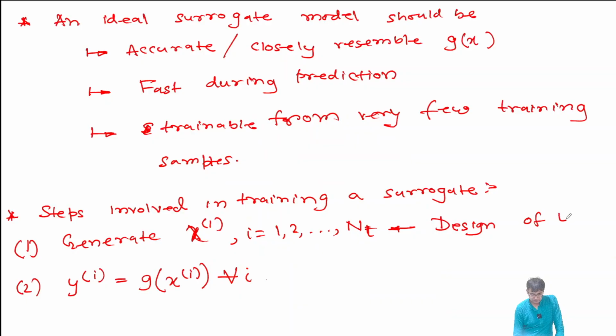Okay, so this step is known as design of experiment or DOE. There are some usual ones that people have been using like CCD, central composite design, factorial design, and all of those things.